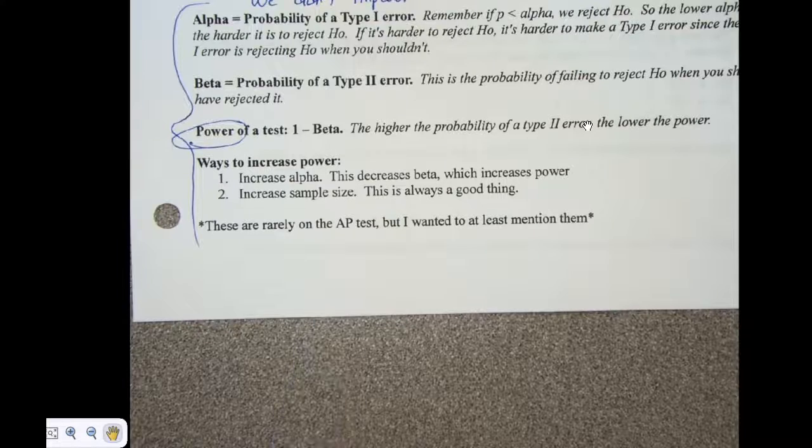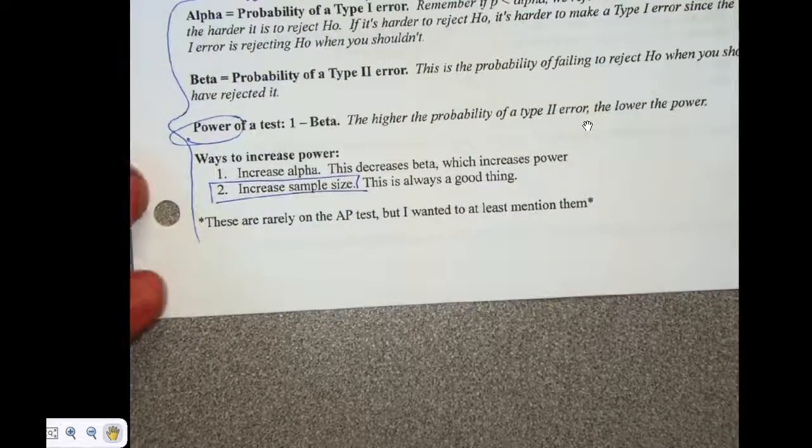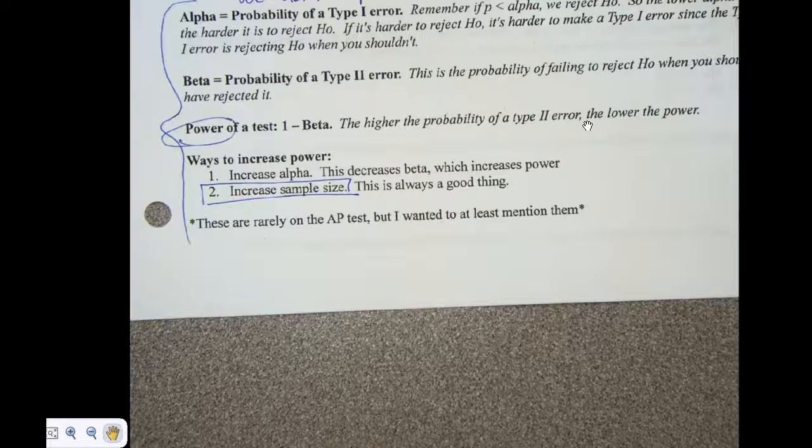But the question they will consistently ask about power is how do you increase power? And the answer from all the ones I've ever seen is increased sample size. If you just think about that logically, doesn't it make sense that the more data we have, the more powerful our information is? So how do I make something more powerful? Well, I take more data. That's the main thing I want you to remember.